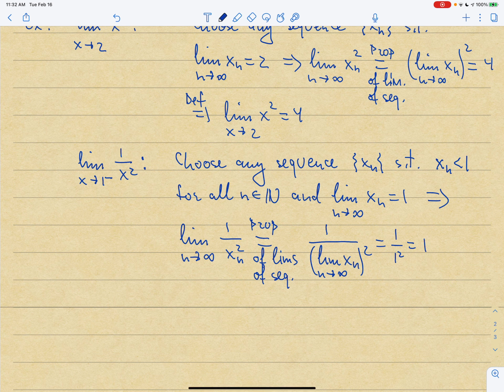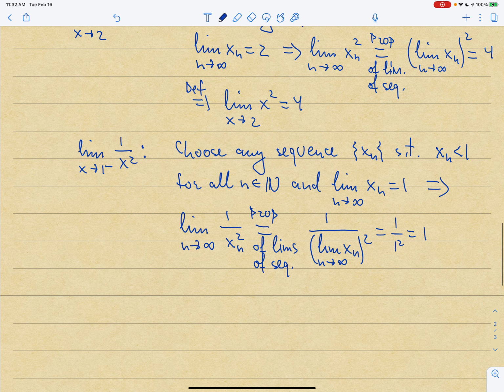equal to 1. It doesn't even matter what sequence xn I'm choosing, as long as it goes to 1, that's enough. And so that means that now from the definition of a limit of a continuous function, this limit as x goes to 1 minus of 1 over x squared is equal to 1.